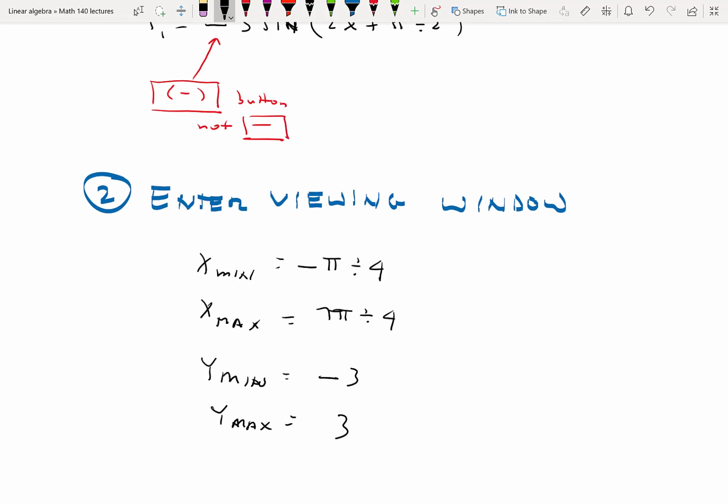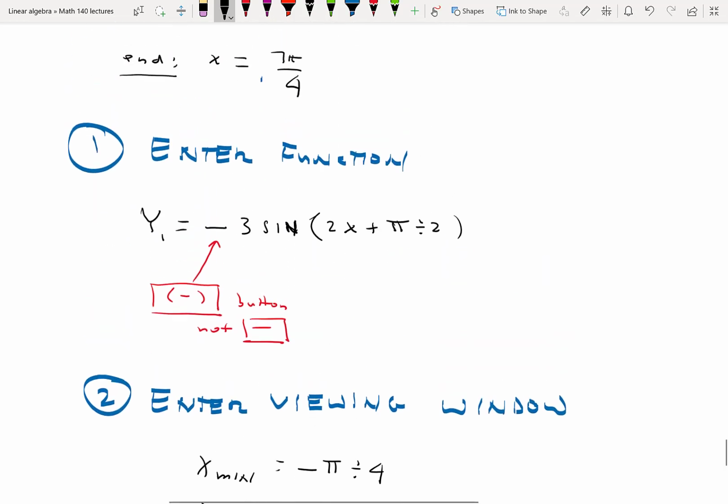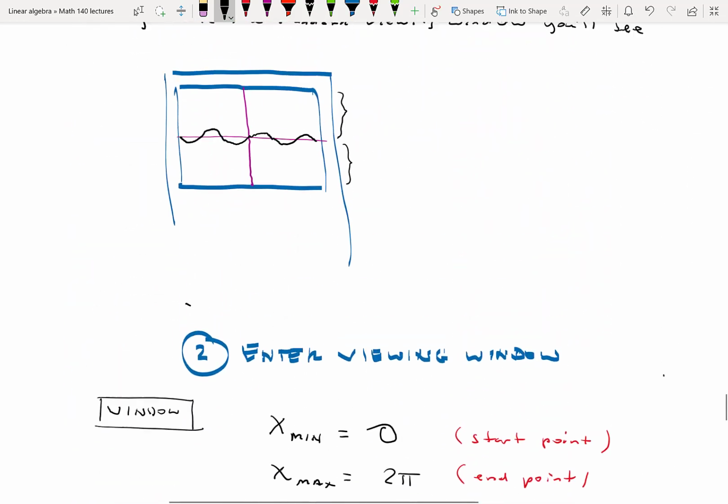Okay. So if the calculator's in the right mode, and the viewing window is correct and the function is entered correctly, you should be able to push graph and see exactly 2 periods of this upside down sine function. You should see exactly what we graphed by hand.